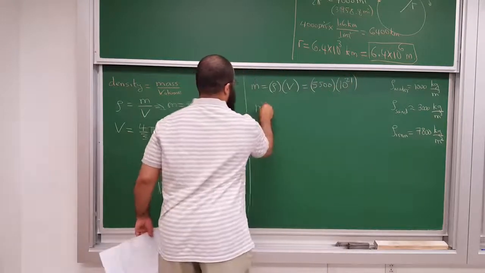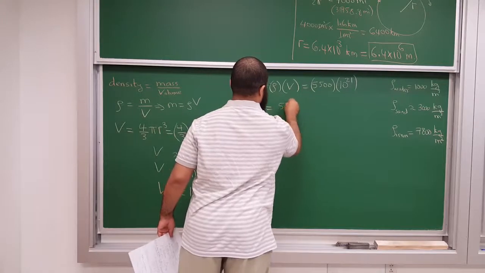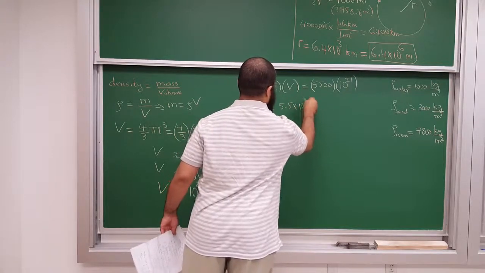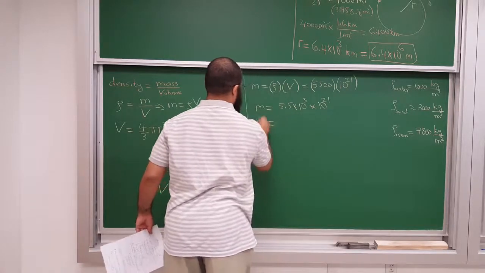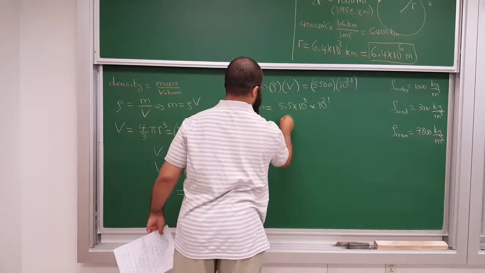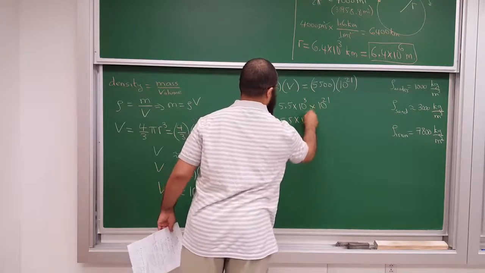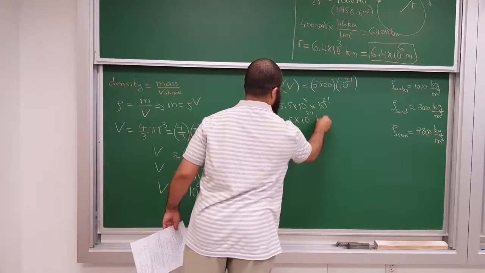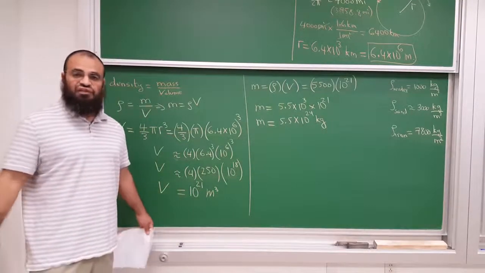So the mass will be 5.5 times 10 to the 3, and then times 10 to the 21. So the mass of Earth is 5.5 times 10 to the 24 kilograms. That's the mass of the Earth we estimated.